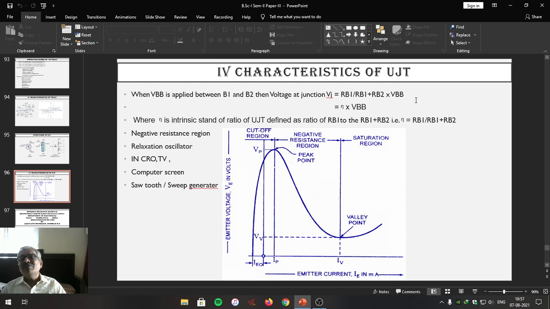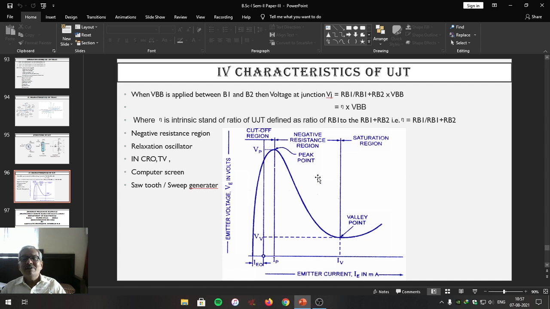If we plot the graph of emitter current IE versus emitter voltage VE of the UJT by connecting VBB as a fixed voltage and VEE between emitter and B1 as a variable voltage.